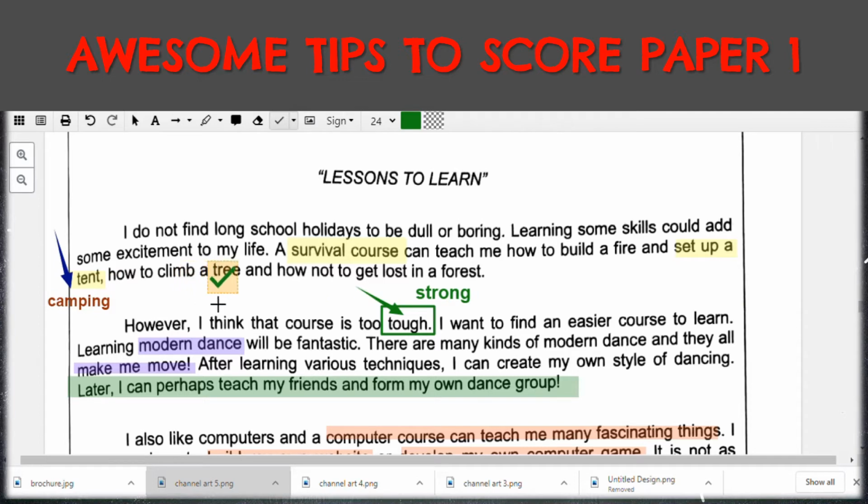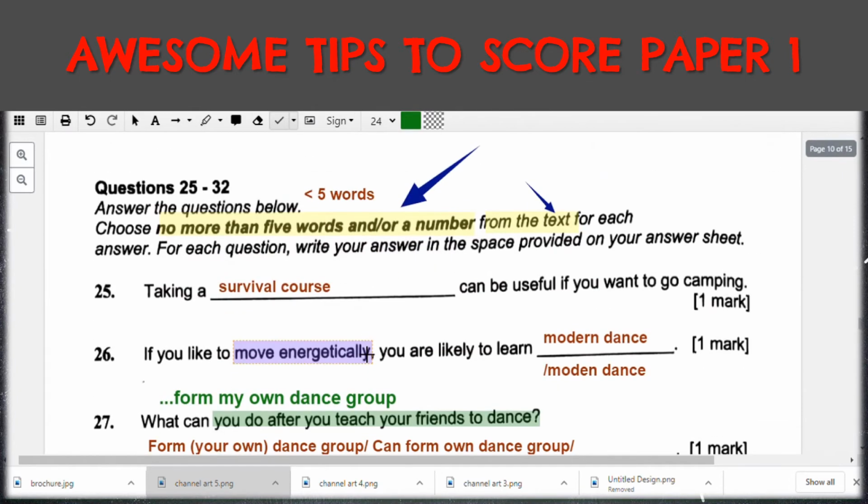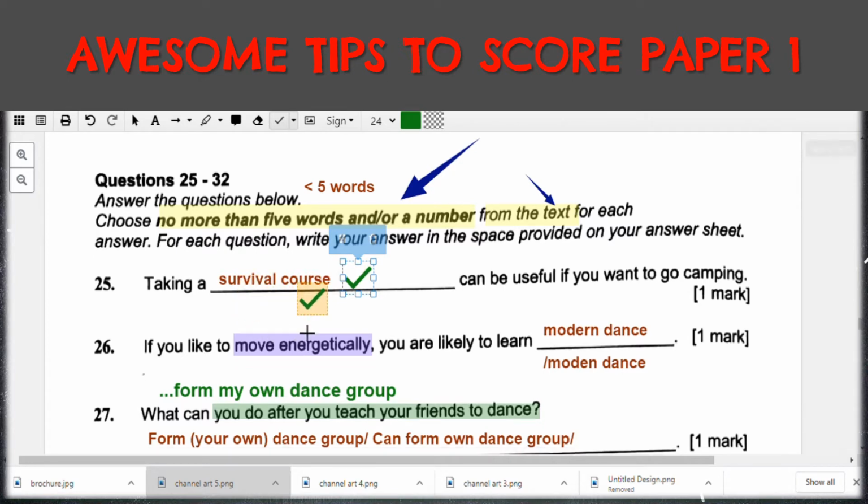How to climb a tree and how not to get lost in the forest. So of course the answer here is a survival course, because when you go camping, you need a survival course. Make sure your spelling is correct. Your answer will be taking a survival course. This is only 2 words, 1, 2.